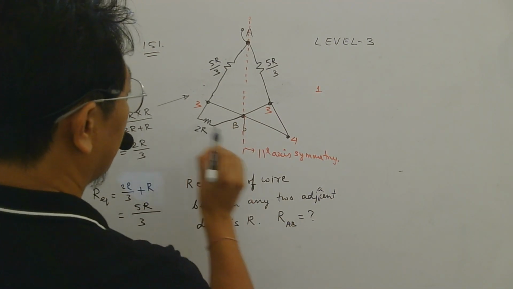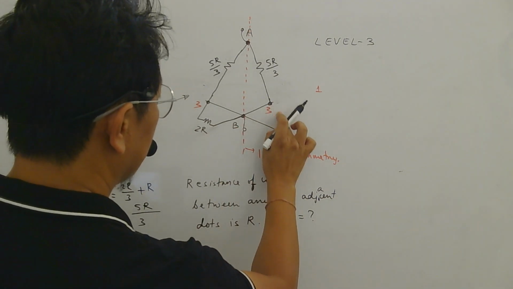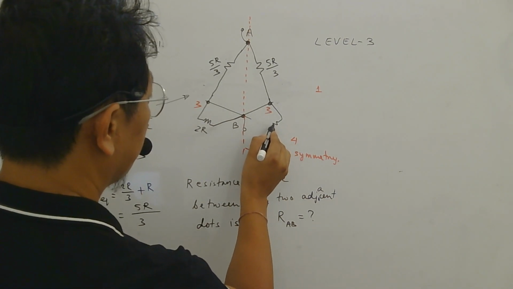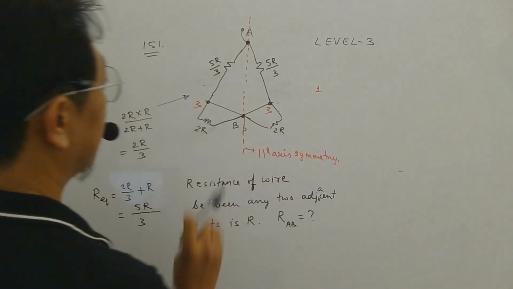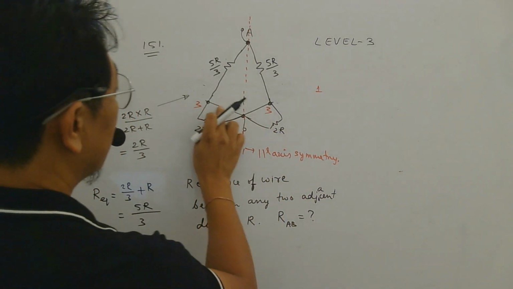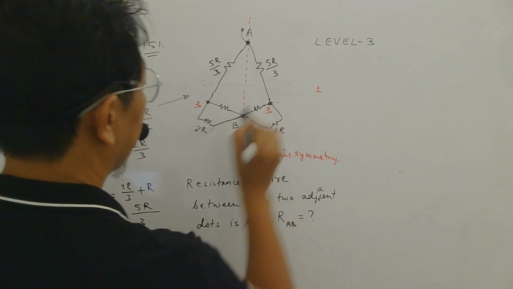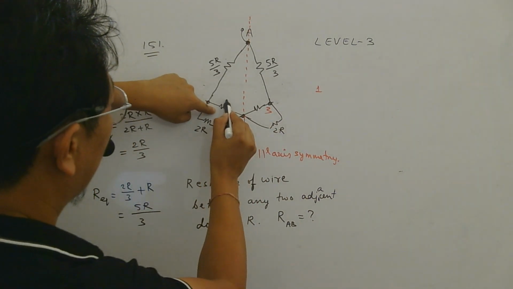2R. And this R and this R are also in series. So you can replace these two by 2R resistance, isn't it? Now this is also R, remember, right? Now that 2R and this R are in parallel.